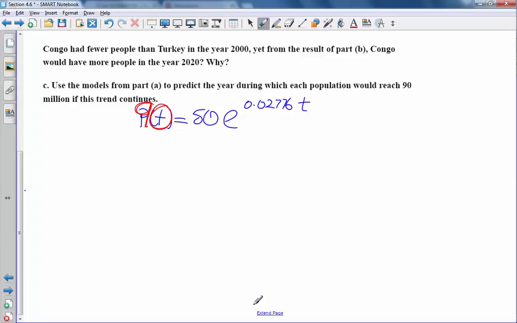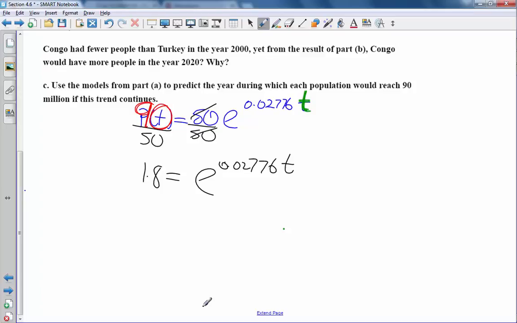Okay? Your princess is here. Go, save her. How? You need to first kill this monster, then demolish this tower, kill this bodyguard, and get t all by itself. Three steps. So let's first start with 50. 90 over 50, punch in, it's a terminating number, 1.8. I like Congo, their number's better, so we can compute that. And to destroy this tower, we need a cannon called ln.